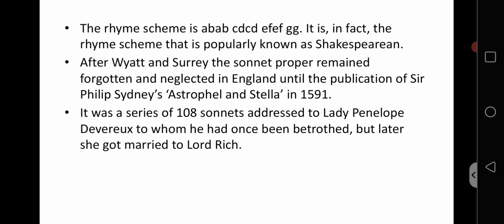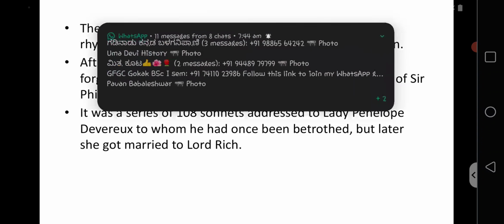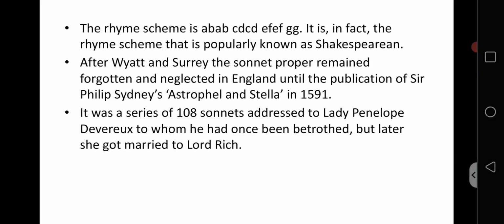So after Wyatt and Surrey, the sonnet proper remained forgotten and neglected in England until the publication of Sir Philip Sidney's Astrophel and Stella in 1591. So, the sonnet as a form of literature was introduced by Sir Thomas Wyatt and the Earl of Surrey. Initially, they wrote some sonnets.